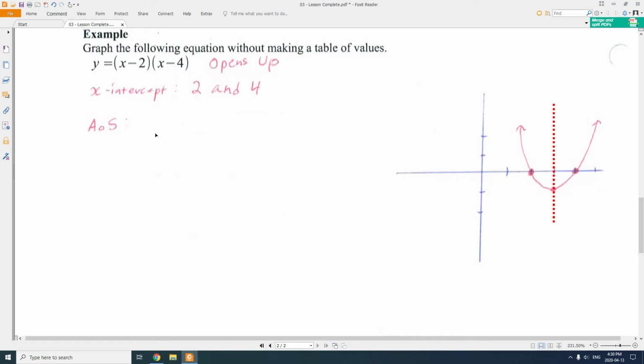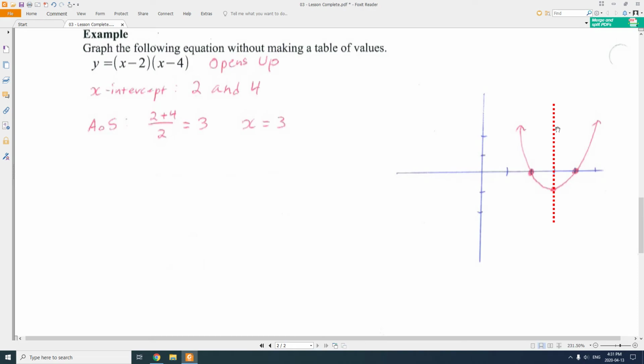If I know it's 2 and 4, the axis of symmetry has to happen at x equals 3. You can calculate it. If it doesn't work out nicely, if it's a decimal number, you can calculate it by just adding your x-intercepts and dividing by 2. Sure enough, that comes out to x equals 3.